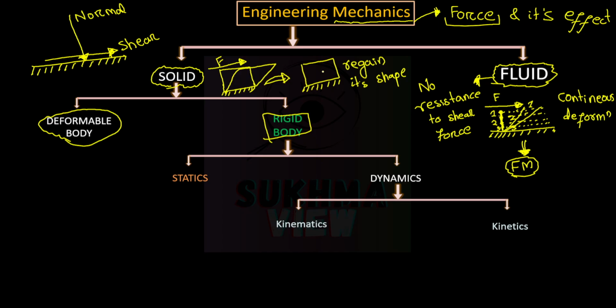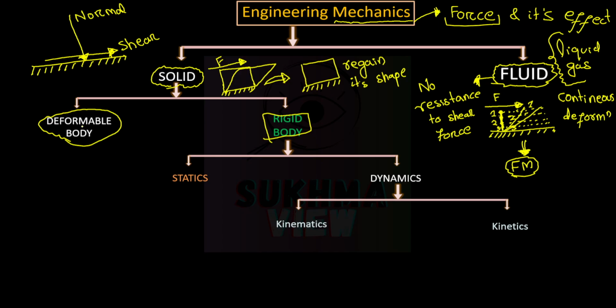That means it is resisting our application of force. So this is the difference between a solid and a fluid. Getting my point? In case of fluid, you have liquid and gas, but in fluid mechanics we are dealing largely with liquids.